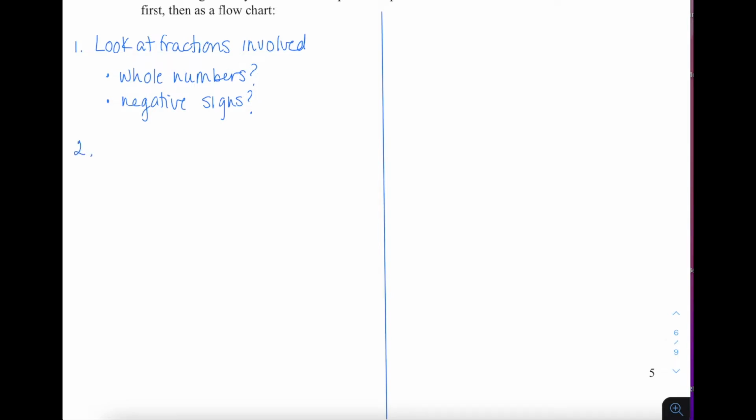The second thing is we need to look at the operation involved. Okay, it's going to be multiplication or division or addition and subtraction. And we know that if it's addition or subtraction, we need a common denominator.